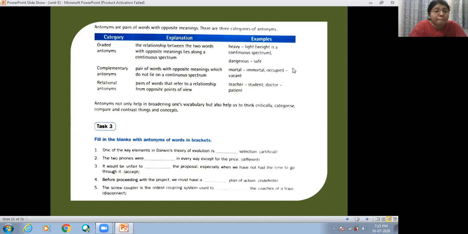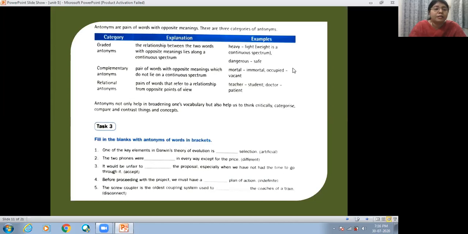Next, we have complementary antonyms. Now, pair of words with opposite meanings which do not lie on a continuous spectrum. Like, look at this. Mortal, immortal, occupied, vacant. Now, these are known as complementary antonyms. The first category is graded antonyms which lie on a continuous spectrum.